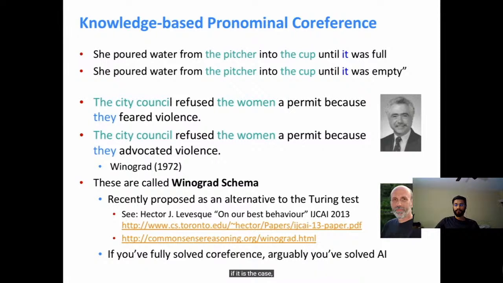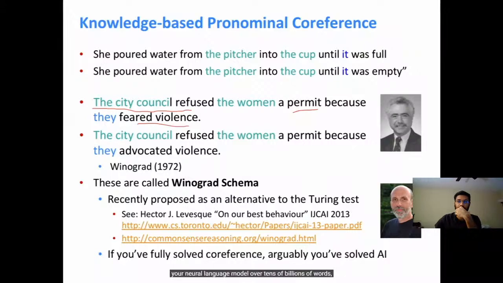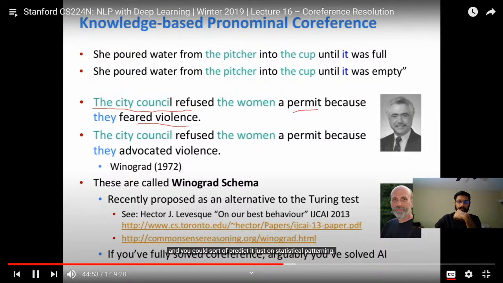If you can see enough examples where the city council refuses permits, fearing violence, and you're collecting your neural language model over tens of billions of words, you might have seen some instances of things like that, and you could sort of predict it just on statistical patterning.